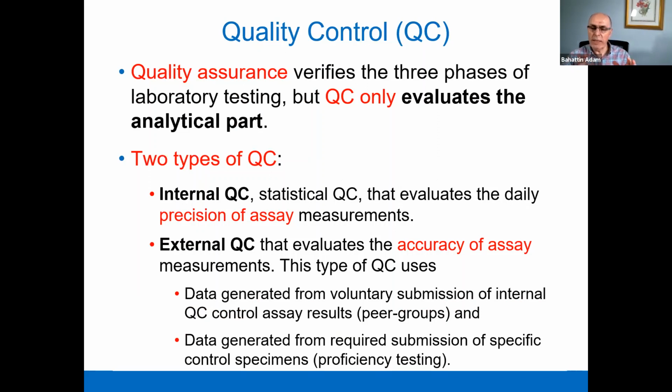Okay, quality assurance verifies 3 phases of the laboratory testing, but QC, quality control, only evaluates the analytical part. Okay, pre-analytical, analytical, post-analytical, these 3 phases are verified by quality assurance.